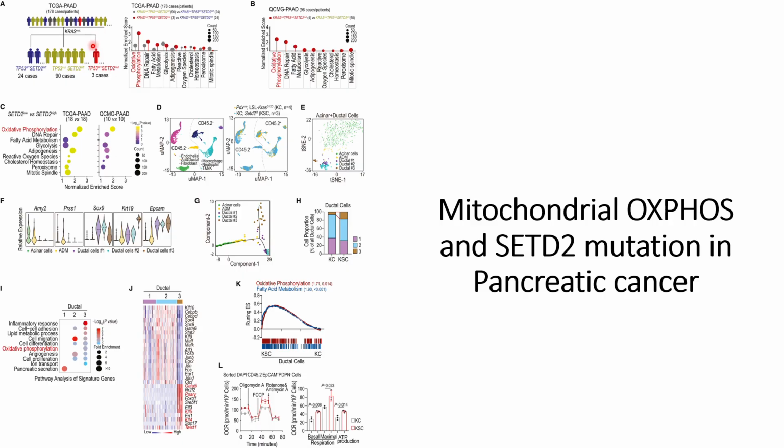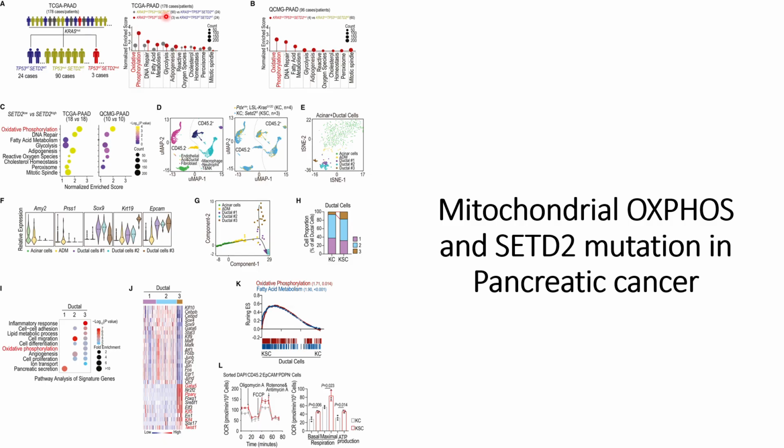Another analysis they did on these patients was to look at which pathways are enriched in SETD2 mutated conditions. They found that where SETD2 is mutated, oxidative phosphorylation is upregulated, and other pathways are also upregulated, but the highest upregulation is seen in oxidative phosphorylation.